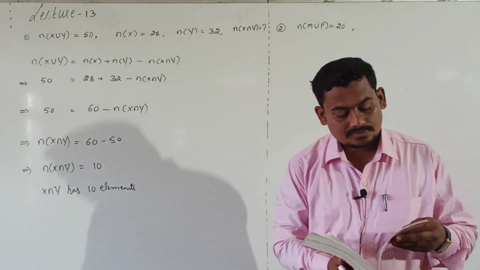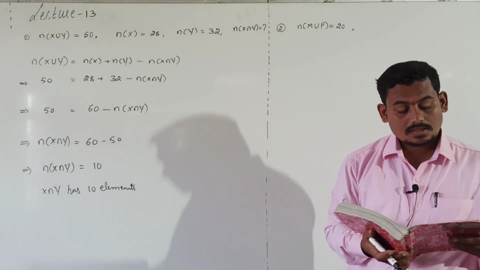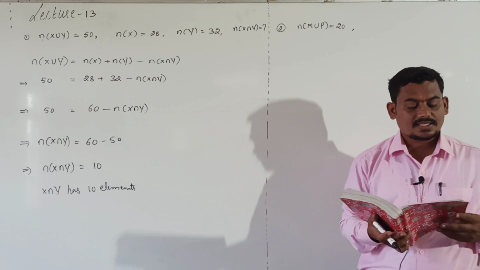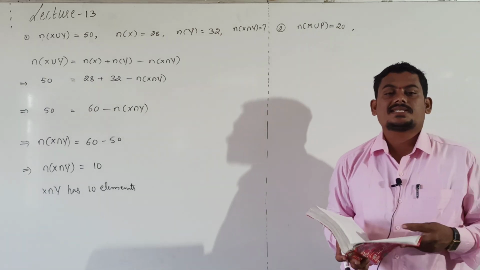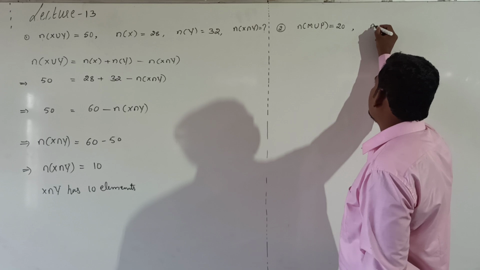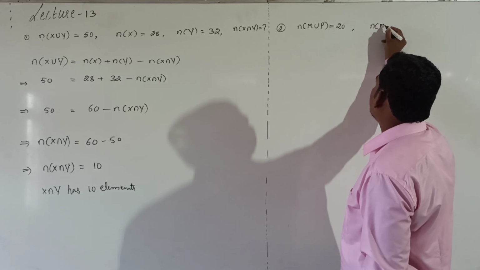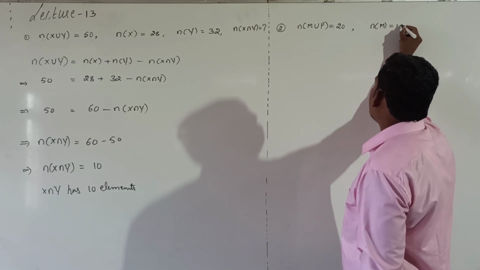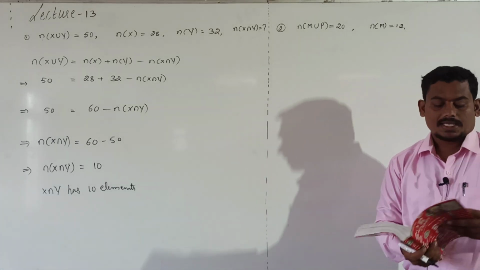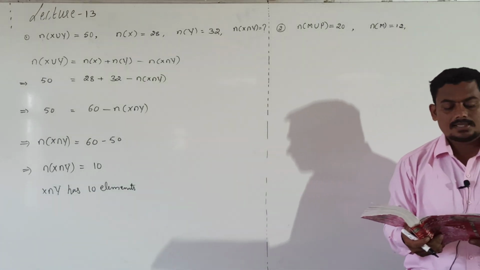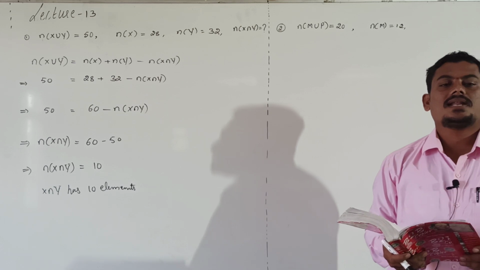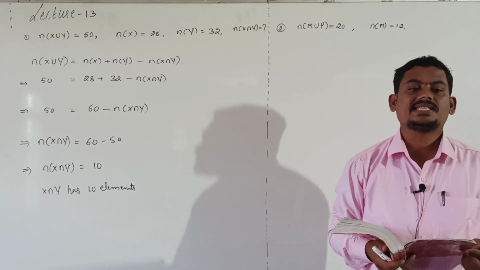After that, out of these 20 teachers, 12 teach mathematics. I will take n of M as the number of teachers who teach mathematics. n of M is equal to 12.